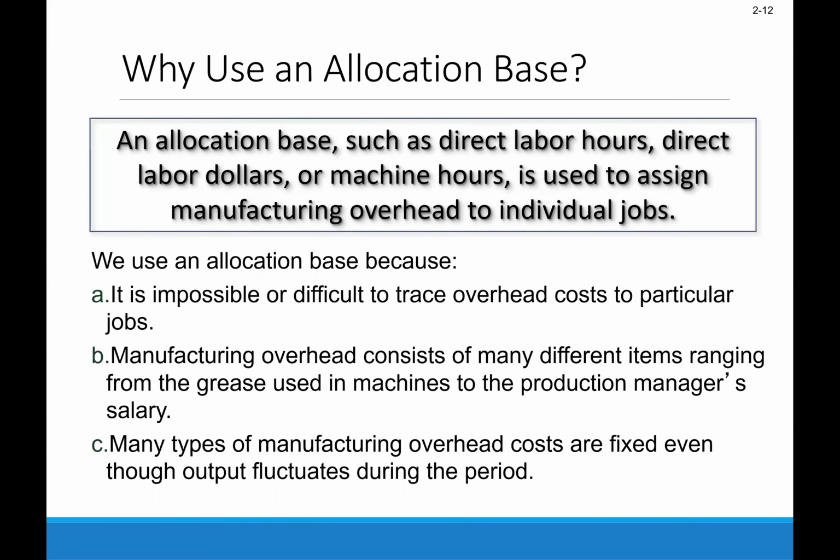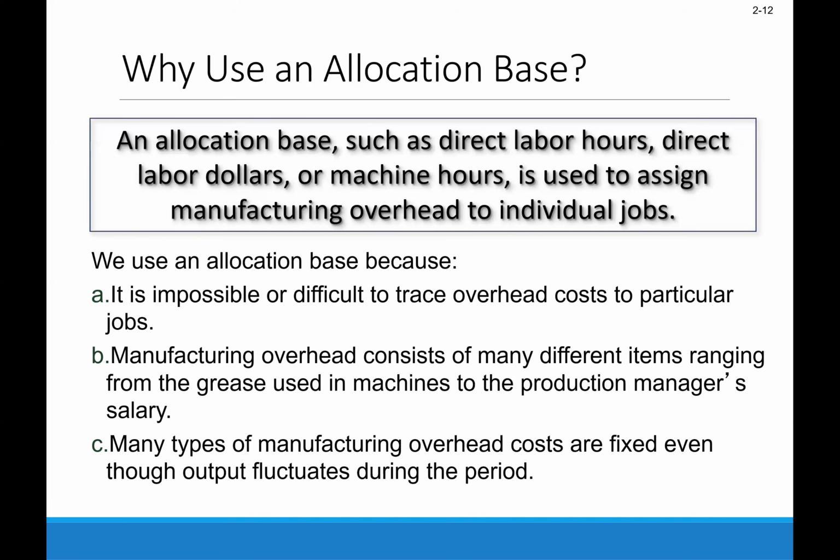That rate starts by coming up with an allocation base that's going to be used to assign manufacturing overhead to specific jobs. It can be done through direct labor hours, direct machine hours, or possibly even labor dollars. They've got to come up with an allocation base that makes sense in their specific company.